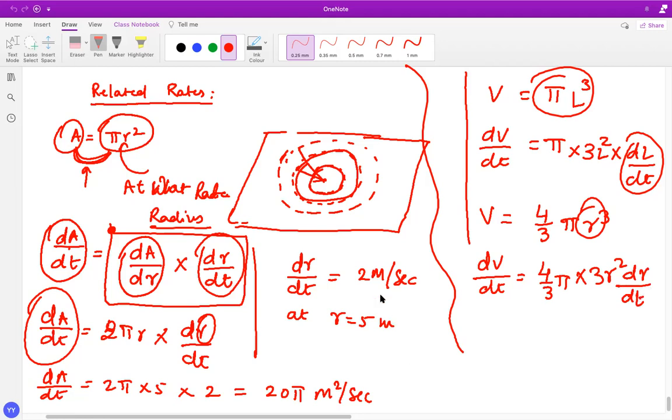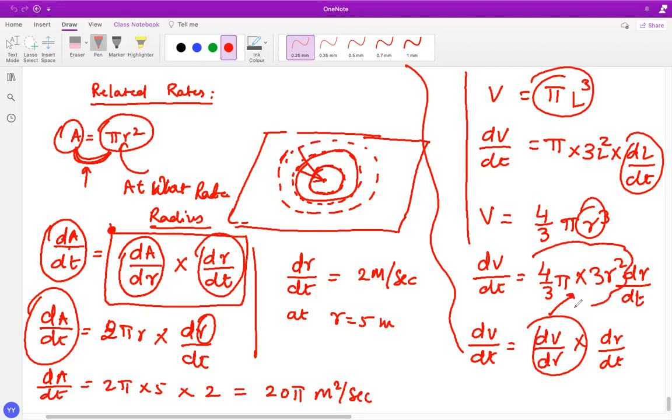These are straightforward methods, but if you see what I did here, dV by dt is dV by dr times dr by dt. And dV by dr is this part here, and dr by dt is this.